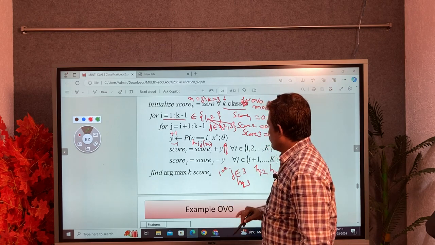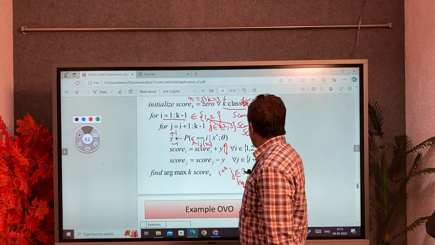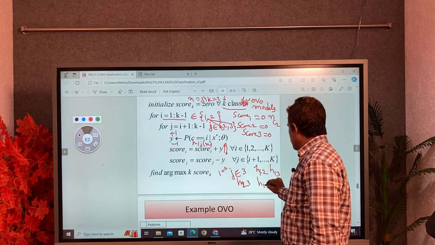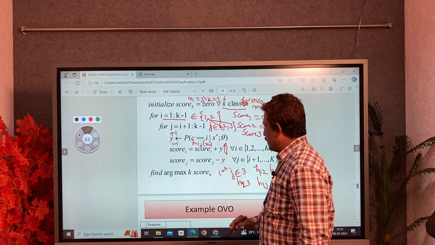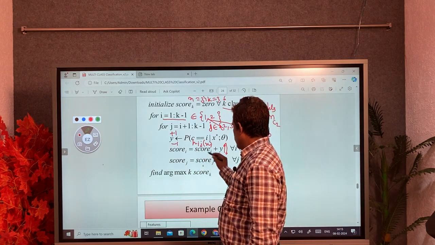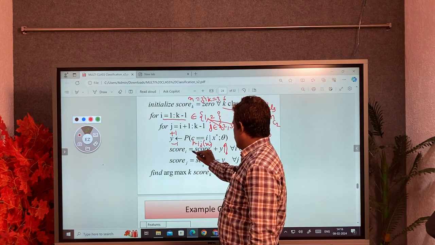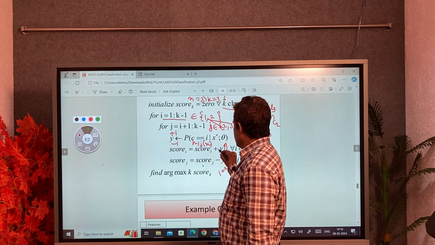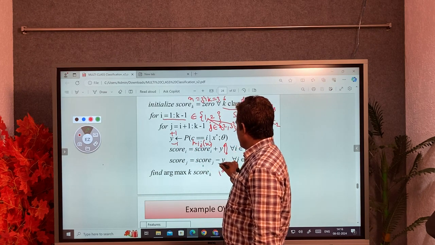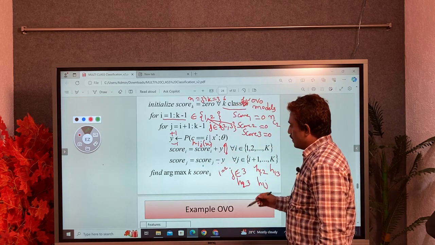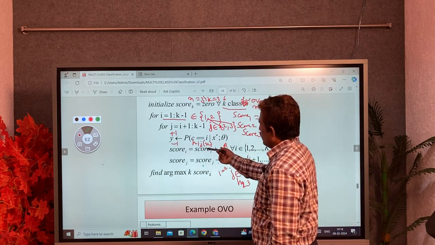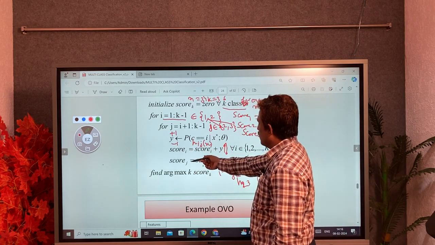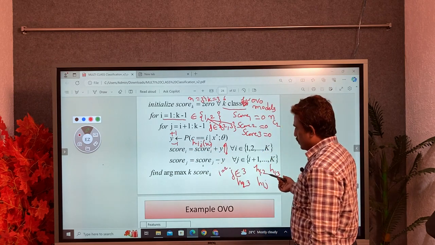So calculate the scores, because we are talking about hij, for the ith class and jth class. If y is positive, the ith class is incremented and the jth is decremented; if y is negative, the ith is decremented and the jth is incremented. Calculate the scores for the ith class and jth class for each h function.